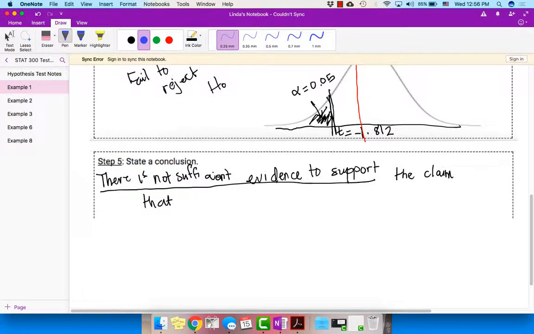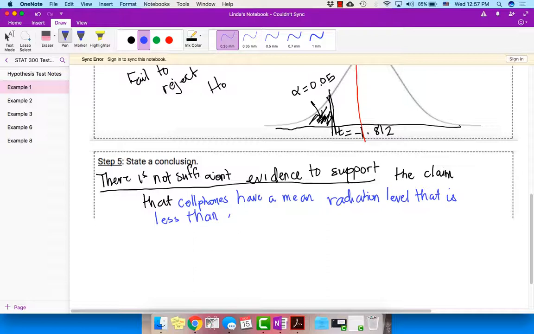So here we have a claim that cell phones have a mean radiation level that is less than 1.0 watt per kilogram.